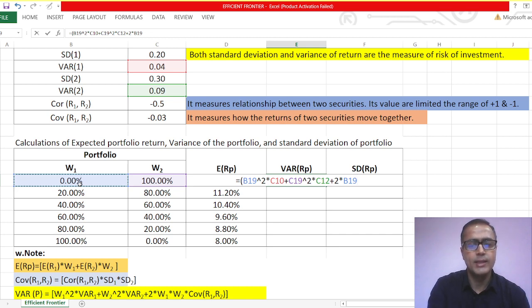Again we multiply with the covariance of R1 and R2. Again we could use the dollar function here.